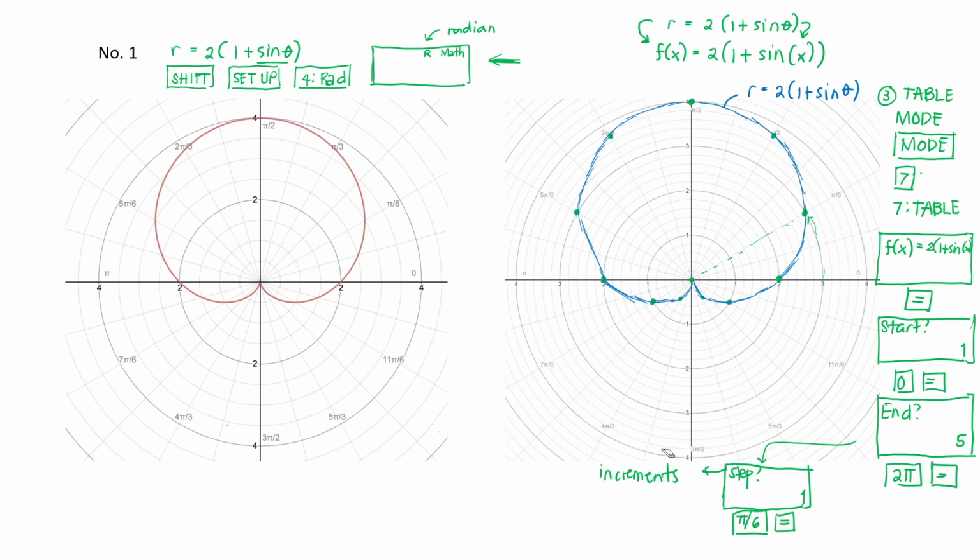Let's say starting from 0 going towards 2 pi, the angle increments are, let's say, 0.1. The increments are super small, so it creates a smoother curve.